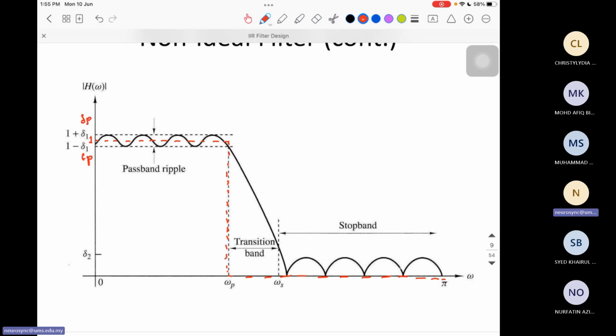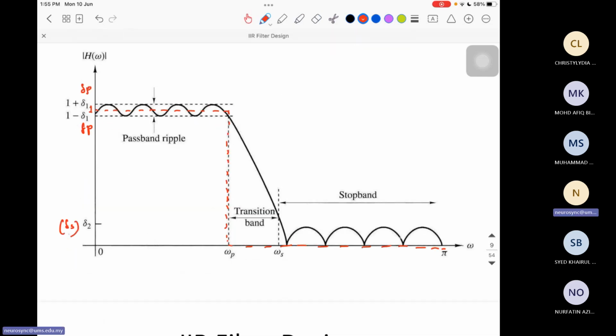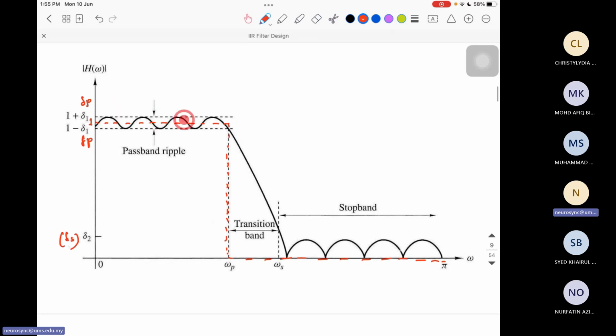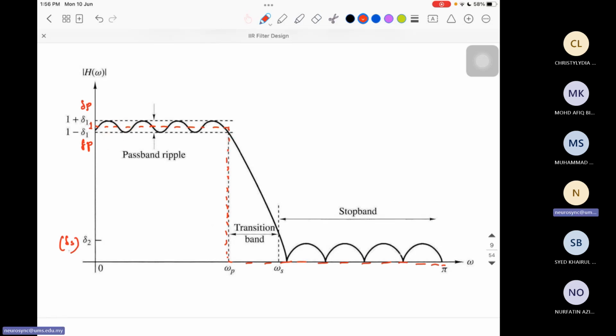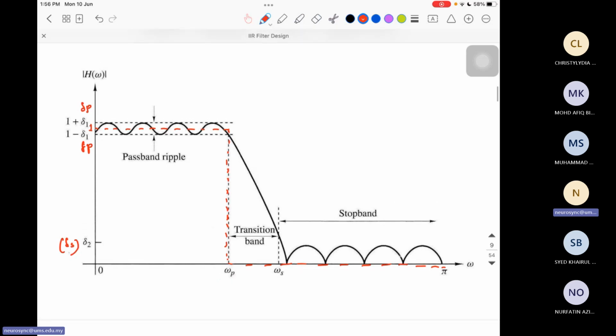Delta 1 or delta p is the same, and this delta 2 is nothing but delta s, the stop band ripple. This is how we get the non-ideal characteristics. This is the ripple we will get in the pass band, and the higher the 1 plus delta 1 or delta p, the lower the 1 minus delta 1. Now this is the pass band frequency.